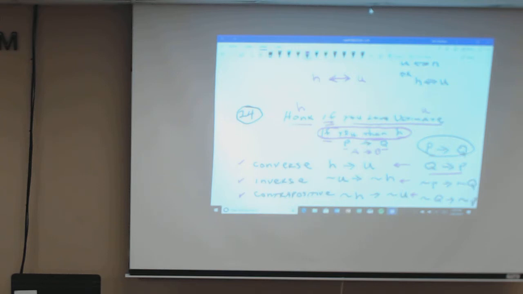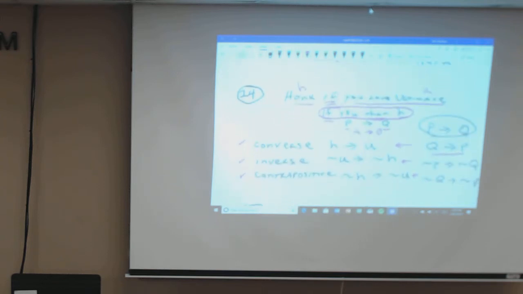And then they want the contrapositive. The contrapositive of if P then Q is if not Q, then not P. So if you do not honk, then you do not love ultimate. And again, that's the only one that has an equivalent truth value with if P then Q.